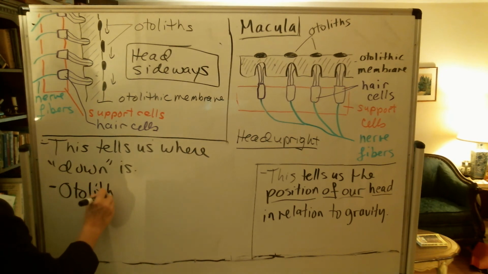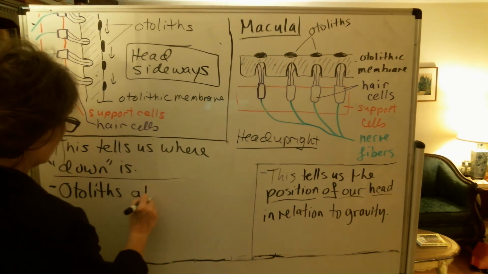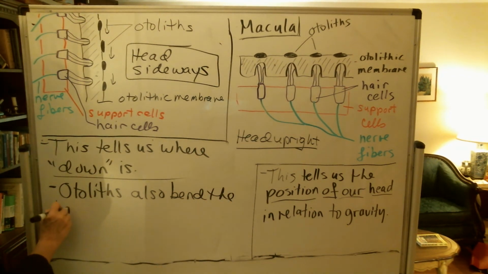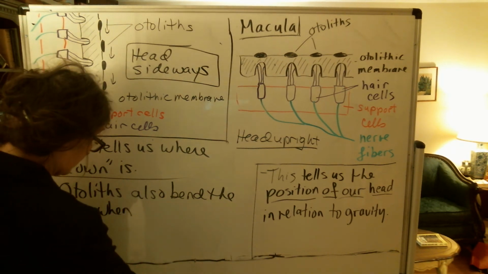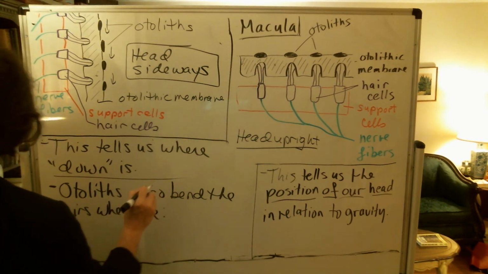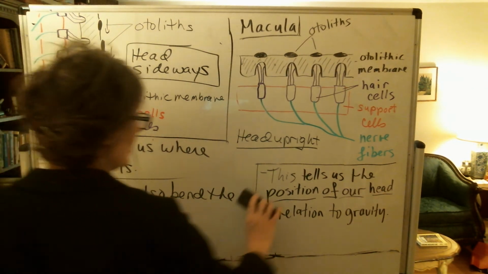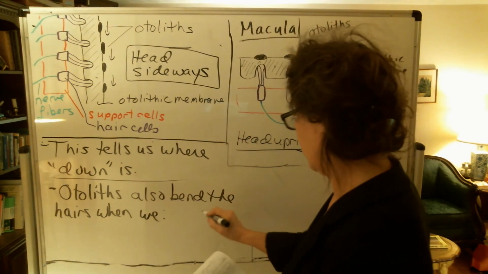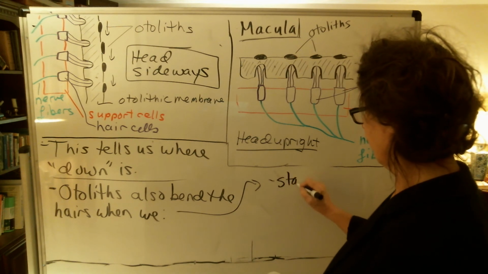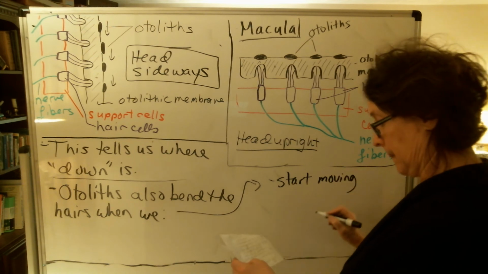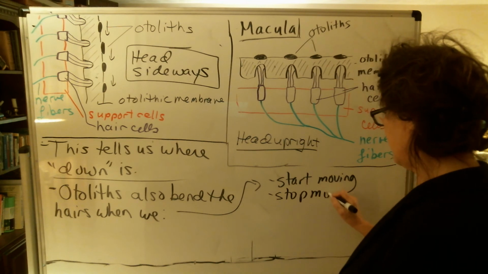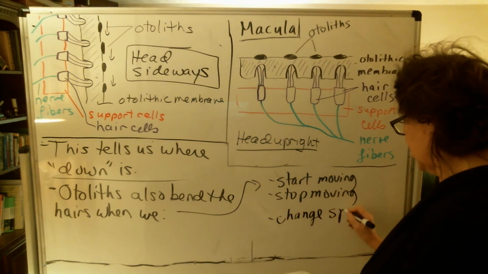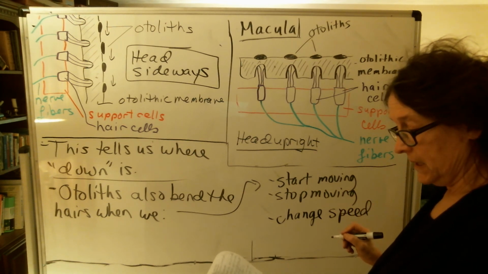So the otoliths then also bend the hairs when we, let's put it over here, when we start moving, stop moving, or change speed. That is to say, slow down or speed up.